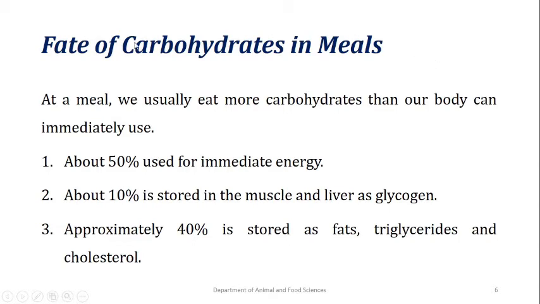Okay, then from our daily intake of carbohydrate, about 50% is used for immediate energy. It means to form ATP. And about 10% is stored in the muscle and liver as glycogen, which is the stored carbohydrate form in human. And approximately 40% is stored as fats, triglycerides, and cholesterol. Okay, that is the fate of carbohydrates in the human body.